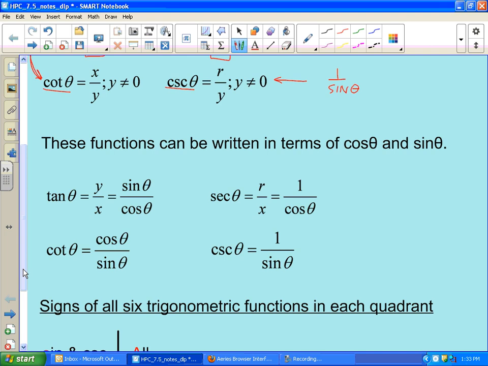So tangent is y over x, and in the unit circle, y is equal to sine and x is equal to cosine. So we're going to begin to relate these things in regards to sines and cosines. Eventually we'll get into other identities. The Pythagorean identity is a big one, and from there we develop other identity functions. So think of replacing y's with sines and x's with cosines, and r's we leave alone because it's a unit circle, we make it 1. This would be the other relationship in terms of sine and cosine.